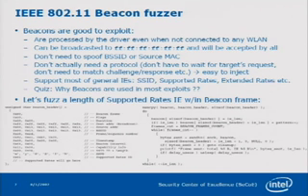To fuzz the length of a specific information element, supported rates, within the beacon frame, you can see the code on the screen. I don't need to explain this code in detail because it's so simple that anyone can look at it and understand it in a couple of seconds.